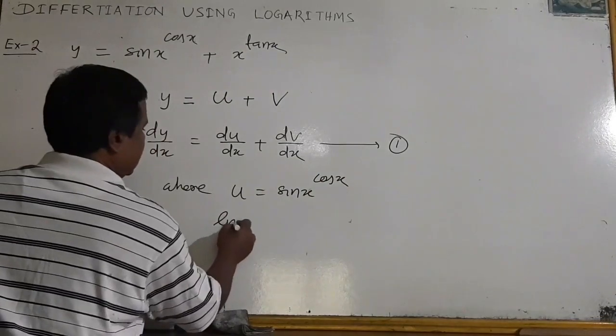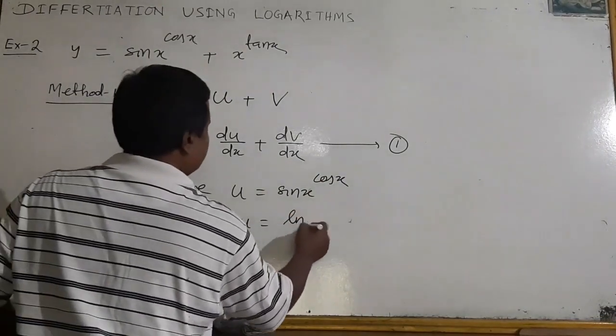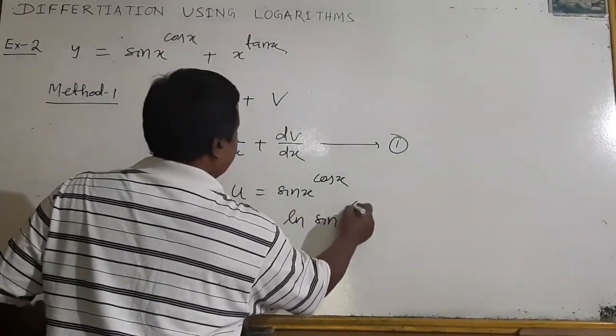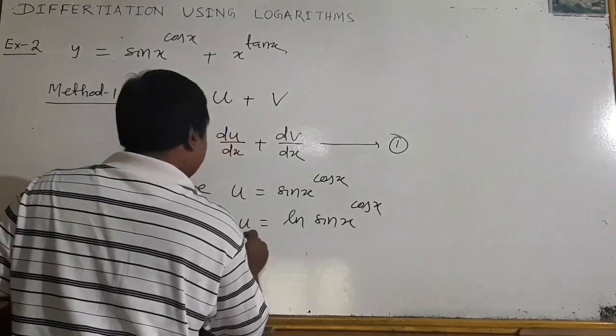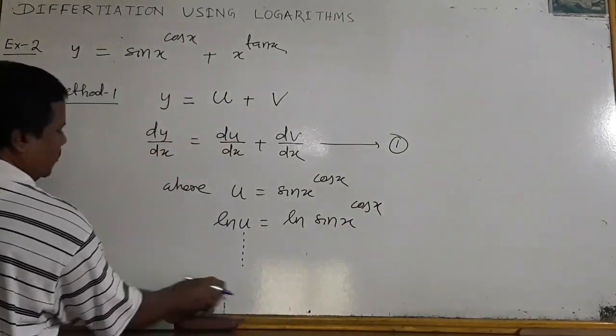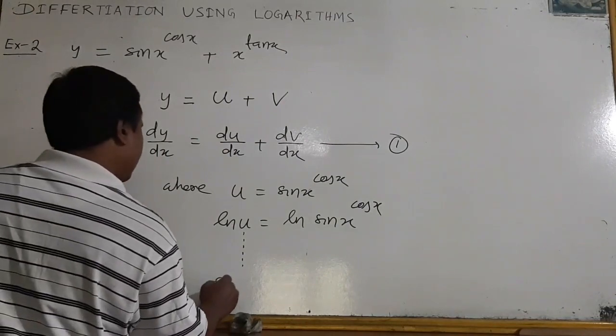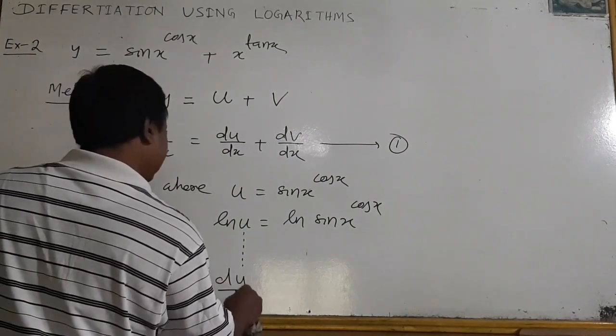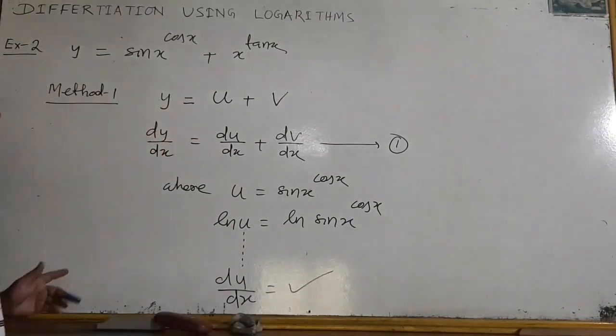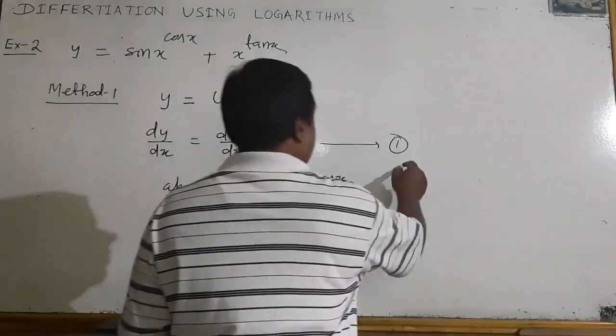Taking log, ln u equals ln of sin x to the power cos x. Then you can find the differentiation, which I have already told you. du by dx you know from the previous example.